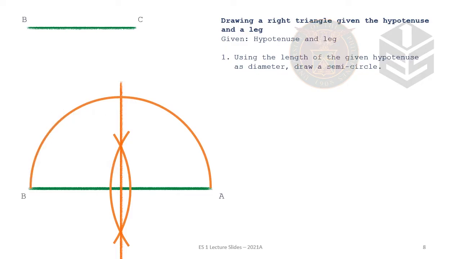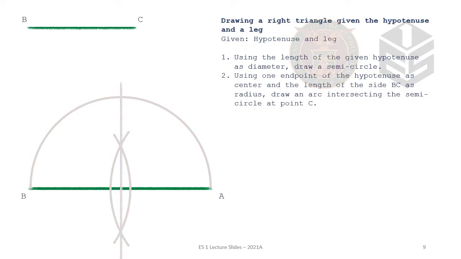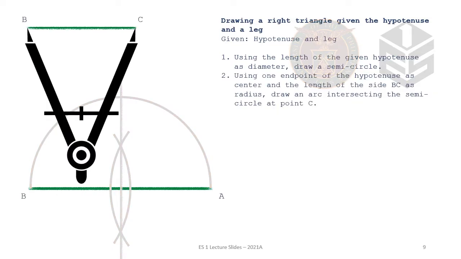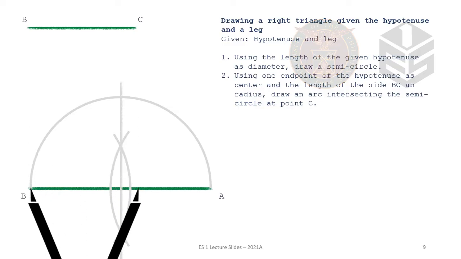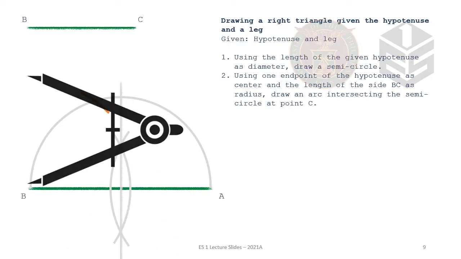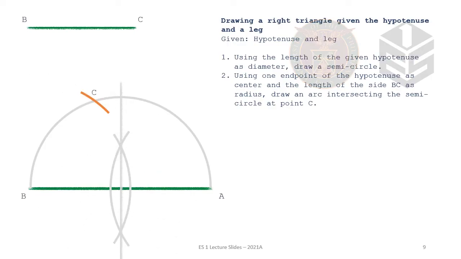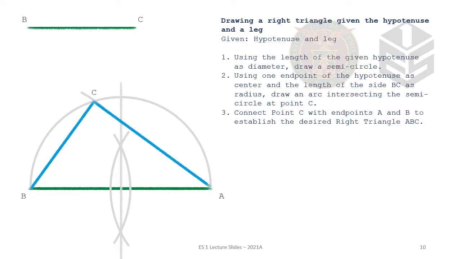Next, we get the length of BC and strike an arc from point B. Okay, so strike an arc to intersect with the semicircle, and you now have the location of point C. Okay, so you just connect the vertices, and you will now form the right triangle with hypotenuse AB and one of the legs BC.